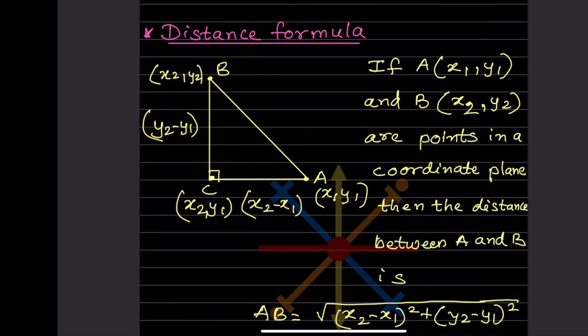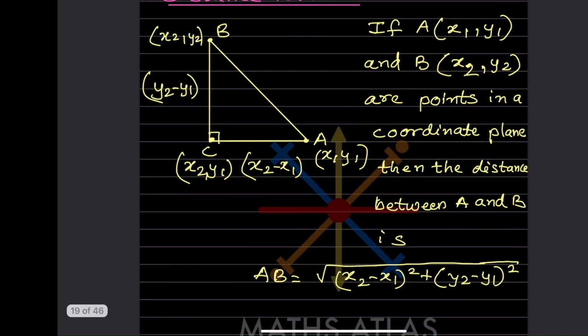So if A (x1, y1) and B (x2, y2) are points in a coordinate plane, then the distance AB is the root of (x2 minus x1) whole square plus (y2 minus y1) whole square. You take the square of this plus this because of the Pythagoras theorem. This is the hypotenuse, this is the opposite side, and this is the adjacent side.